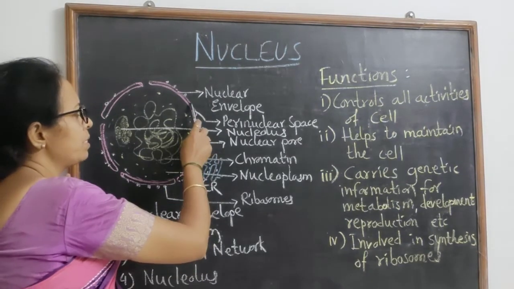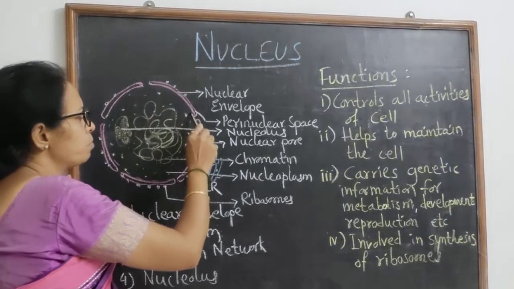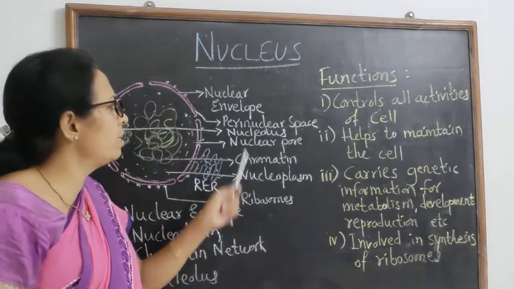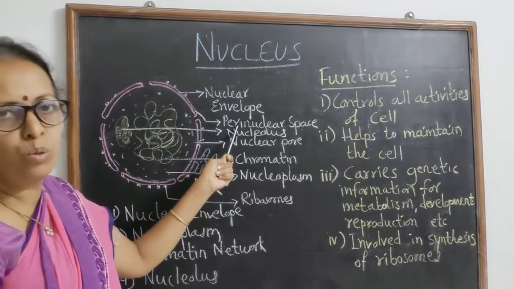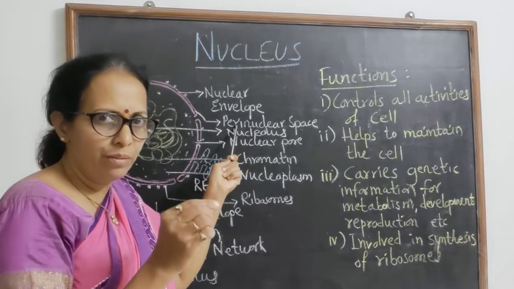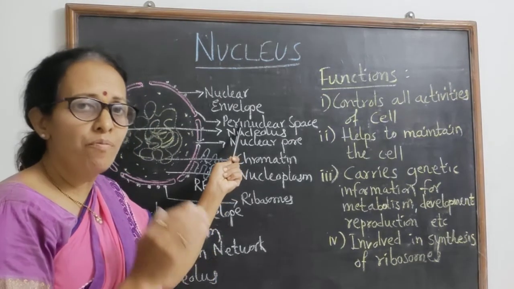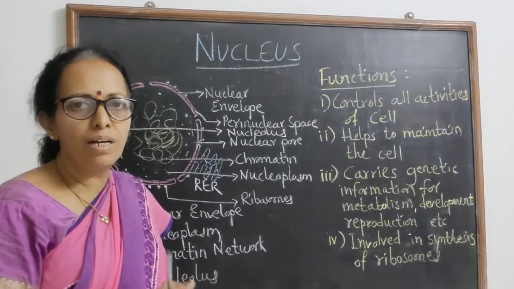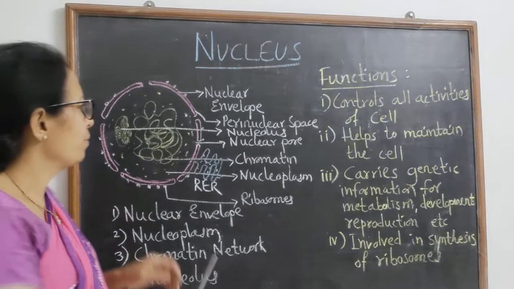There is a space between these two unit membranes, which we call the perinuclear space, about 150 to 300 angstrom units in width, and it is filled with fluid. We call it perinuclear fluid, which is protective in nature.